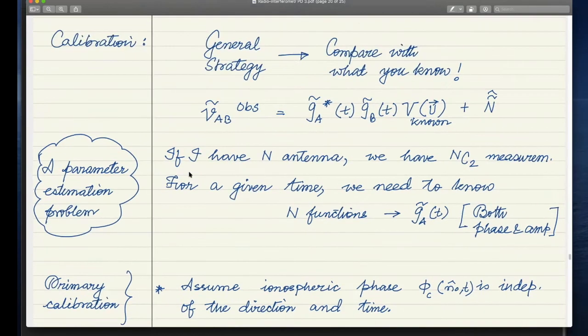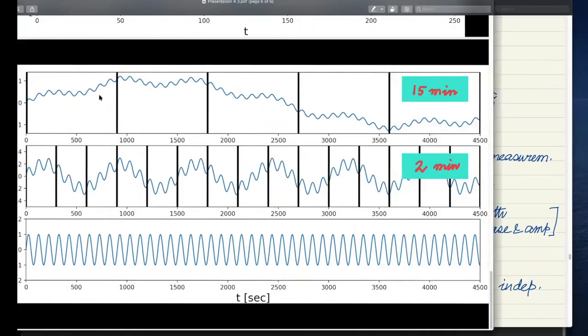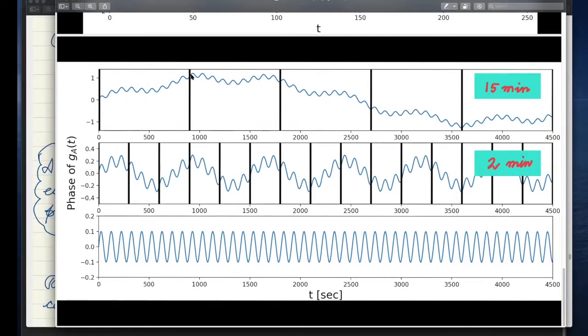But in principle, for each of these times when you observe the calibrator, you can get the gain solution for all 30 antennas, or n number of antennas. And then once I know that, I can interpolate in between. If I have observed them at 15-minute time intervals, then any variation at 15-minute intervals or larger will be taken care of by this calibration method.